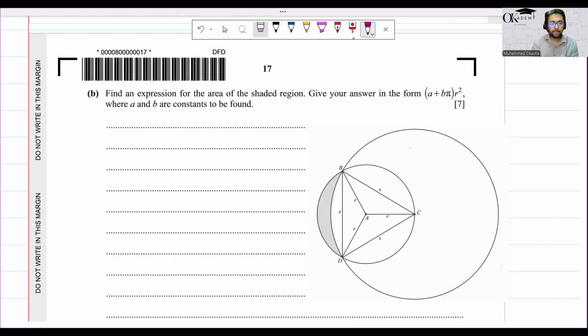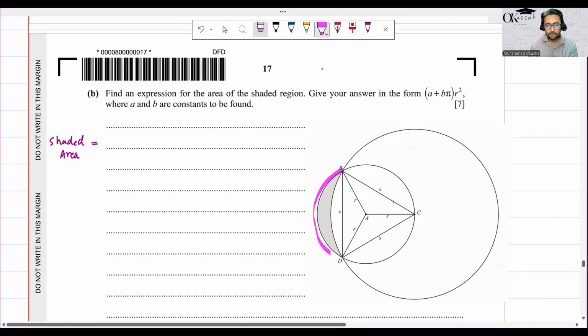So what I think is that area of shaded region is equal to, first of all, area of a smaller circle. So sorry, I'll take the entire thing as the area of the smaller circle, right? So this is the area of a smaller circle. What should I take away from it? If you carefully notice, I'll start from C. I'll make this sector.